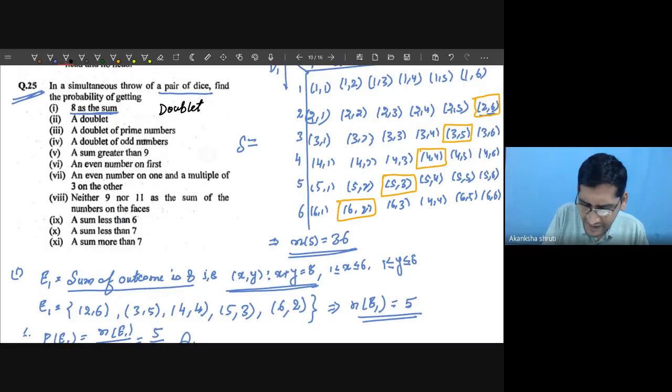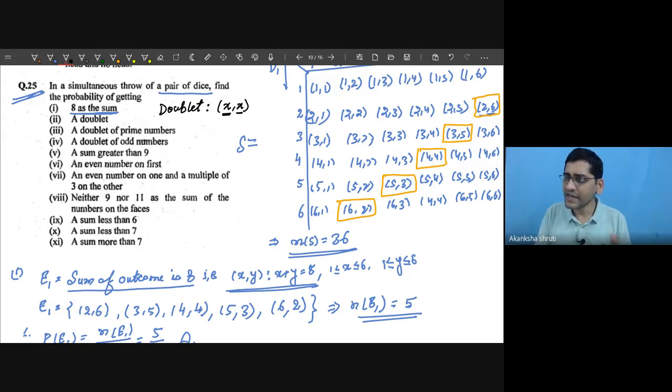Last day I had explained, doublet means you have to choose the pair which has the same number on each of the dice. That gives you the doublet. So how many such doublets are possible? The x can vary from 1 to 6. So 1, 1, 2, 2, 3, 3, 4, 4, 5, 5, 6, 6. If no condition is specified, then I can have these 6 doublets.